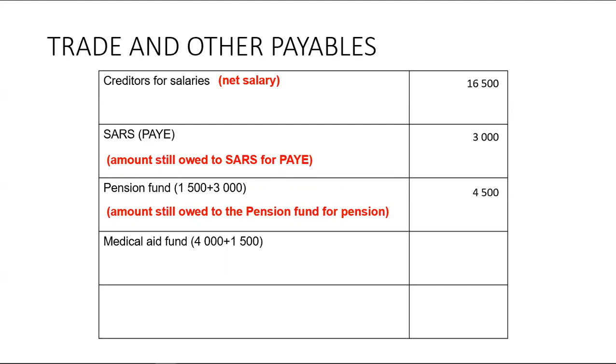Medical aid is the same thing. What the employee contributed, which is the deduction, plus what we as the company contributed. So all that amount will be paid to the medical aid. So in this case, medical aid will be 5,500. In trade and other payables, what we owe in total will be the same, 29,500.